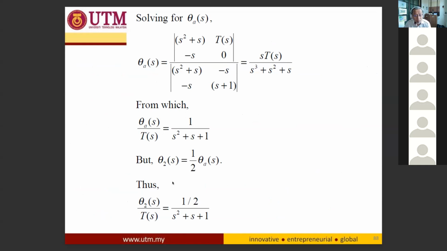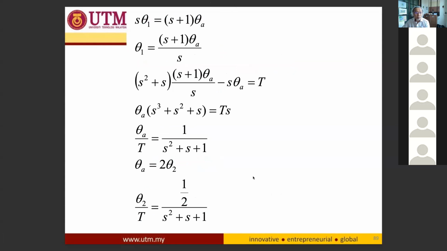But since theta 2 is equal to 0.5 theta A, you just include this constant for theta 2, so it becomes 0.5 over s squared plus s plus 1. I show the details here for you to refer.